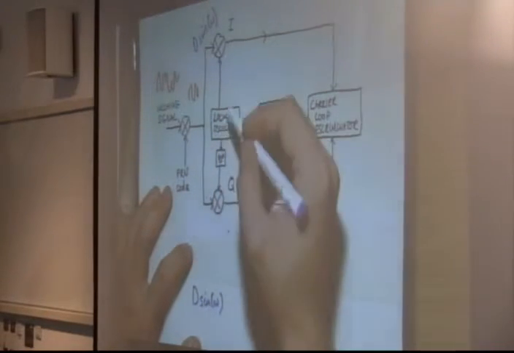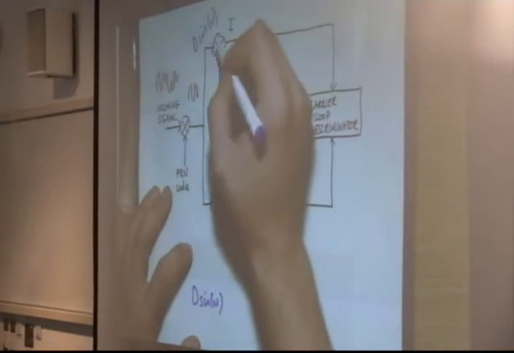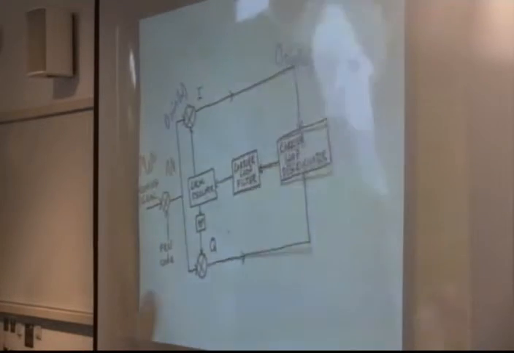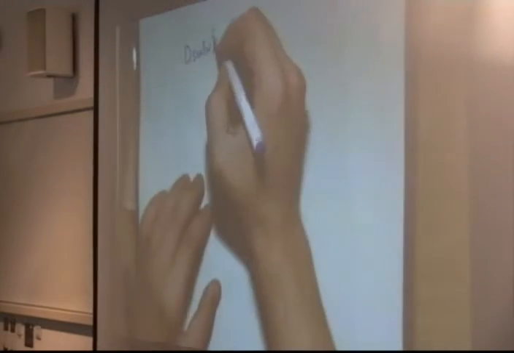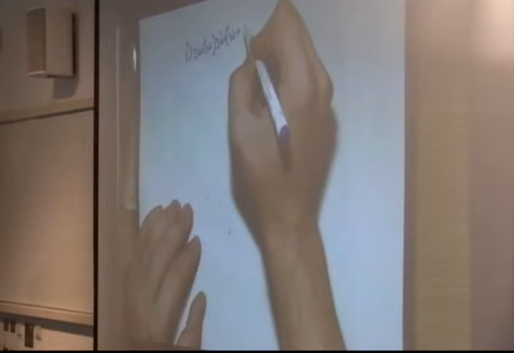Let's hypothesize that there's a slight phase error between the local oscillator and the GPS satellite's phase. So that's going to look like multiplying it by a sine wave of the right frequency, but with a phase error, which we'll just call phi. Remember that you can add a constant onto the end of the sine function just to change the phase of it.